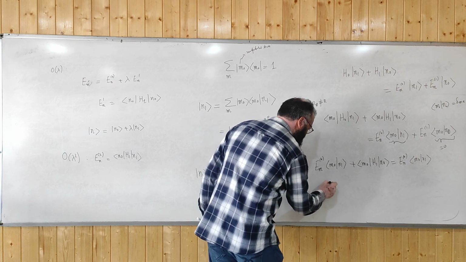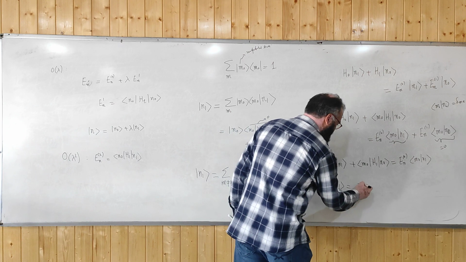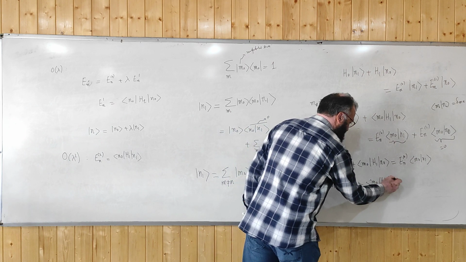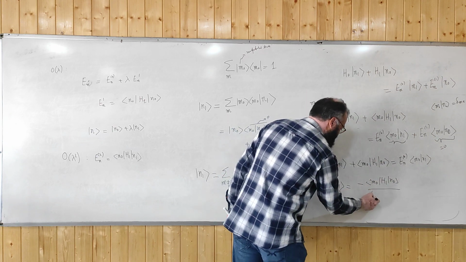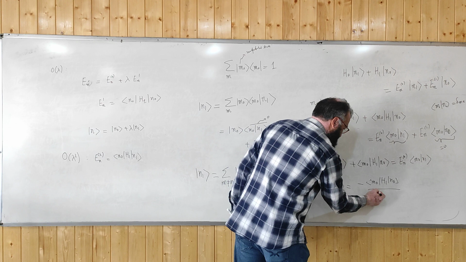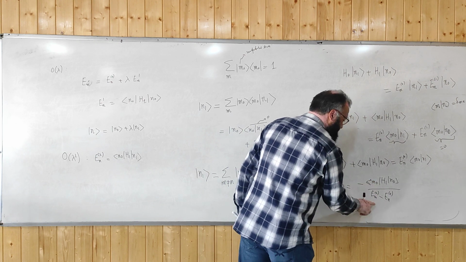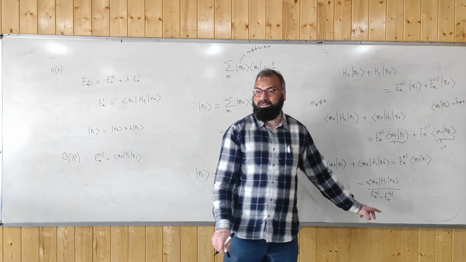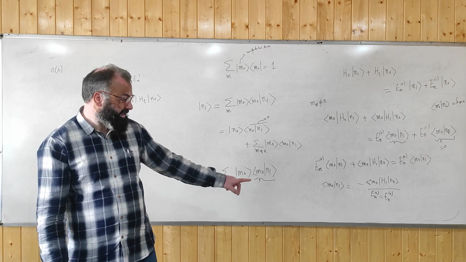So now let's work it out. You have <m0|n1> equal to minus <m0|H1|n0> divided by, since you are taking this on this side, simply En0 minus Em0. These are the unperturbed energies corresponding to the mth level and the nth level. Now look here. Why is m not equal to n?